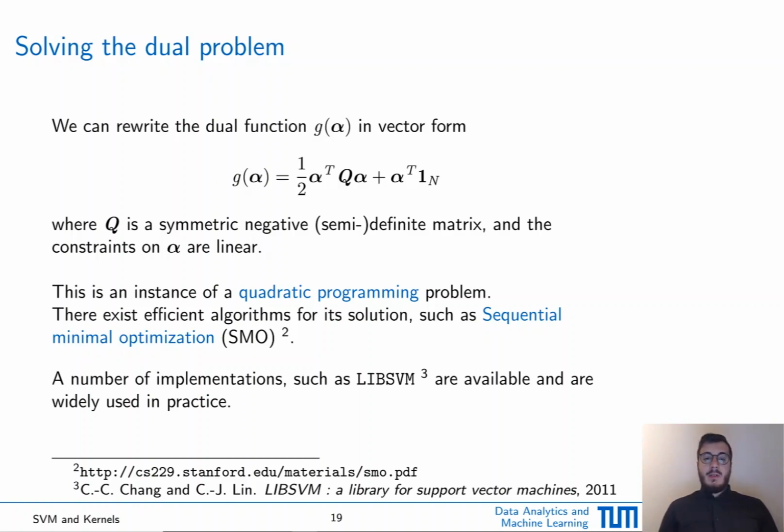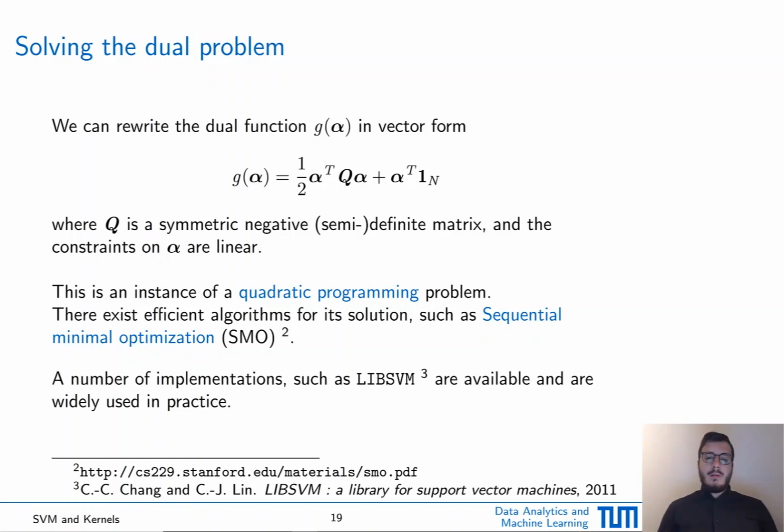If this matrix is symmetric negative semi-definite and we have a maximization problem, then we can solve this problem efficiently. Or the other way around, if the matrix is symmetric positive semi-definite and we have a minimization problem, we can again solve it efficiently. In general, these are called quadratic programming problems, and we have the tools to solve them.